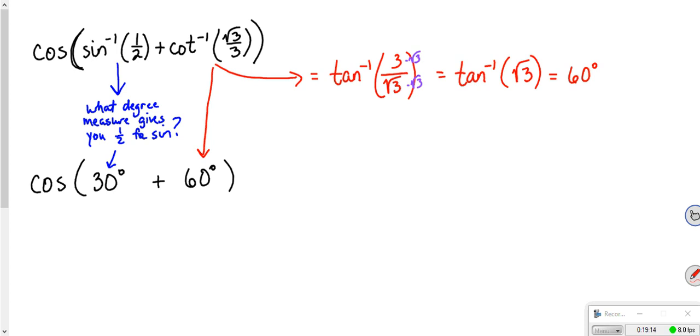So this ultimately gives me cosine of 90 degrees. Cosine of 90 degrees, remember, that's pi over 2, straight up. On your unit circle, cosine is your x-axis, so this is 0. That's your answer: 0.